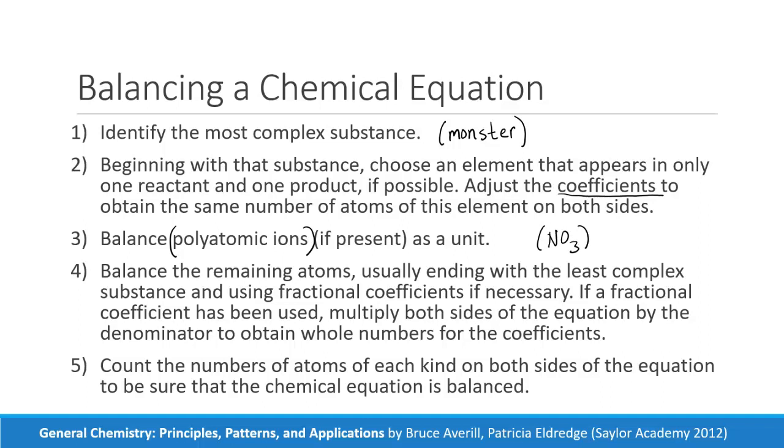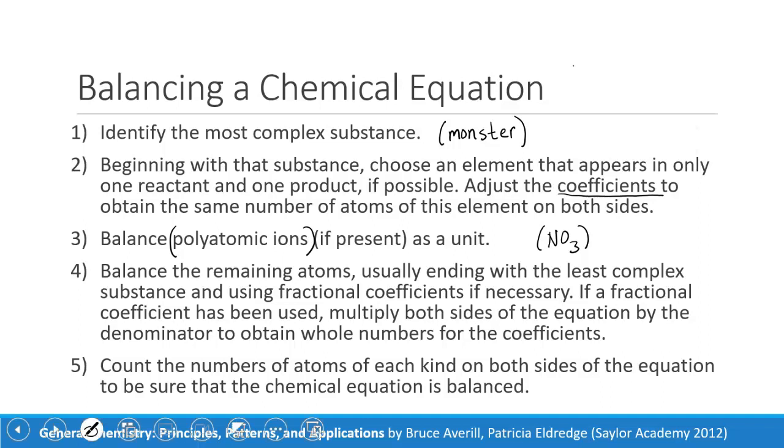Okay, step 4, we're going to balance the remaining atoms and usually end with the least complex substance. And hopefully in this course you won't have to deal with fractional coefficients, but there are instructions there if you need them. And then step 5, we're going to count the number of atoms of each type of element on both sides and make sure that chemical equation is balanced.